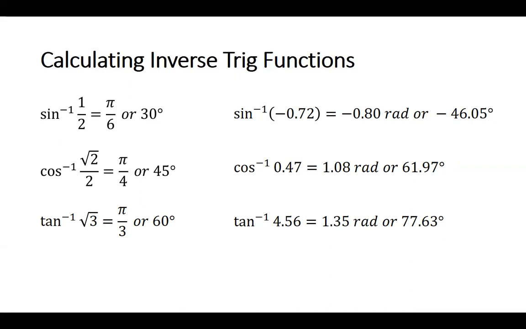So that can either be 45 degrees or 315 degrees. And tangent's positive in the first and third quadrants. So therefore, that could be 60 degrees or 240 degrees. And that's the start of inverse trigonometric functions.